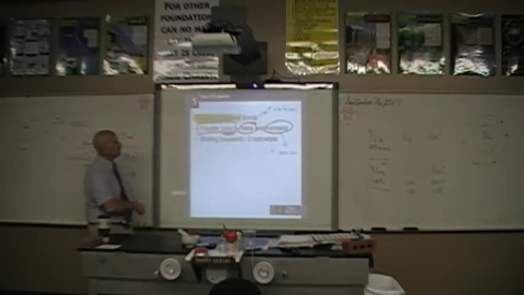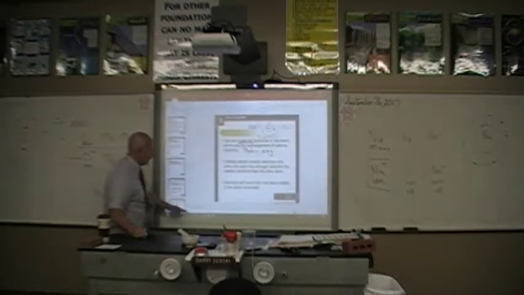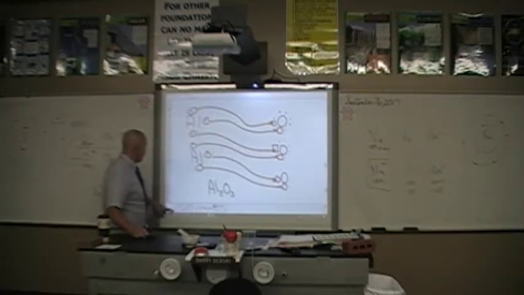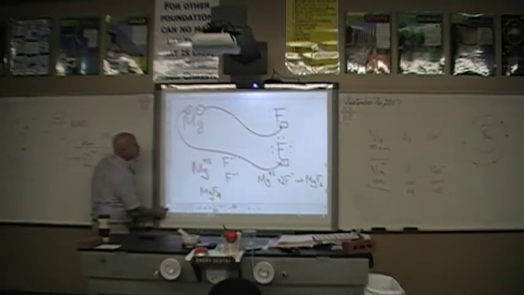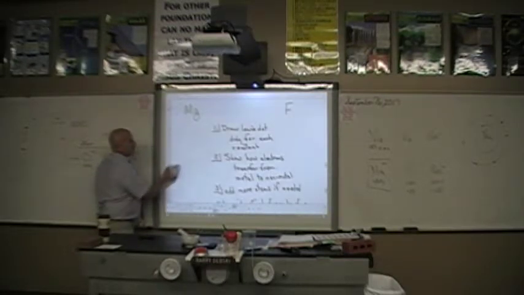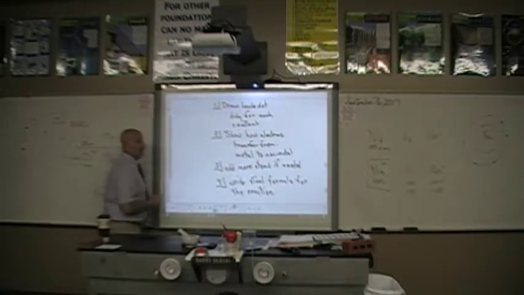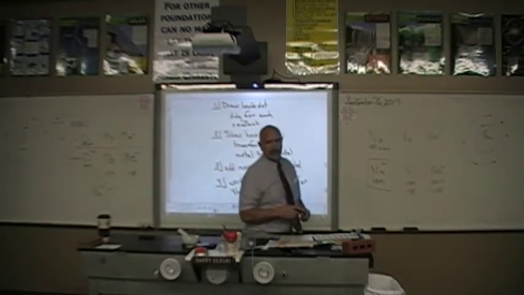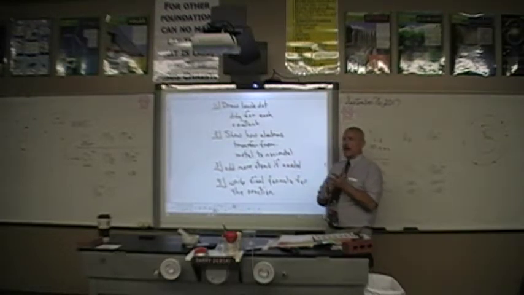I'm going to jump here to another screen on my whiteboard. I want you to write down these 4 rules right here in your notes. This is a procedure I'm going to teach you on how to draw a chemical reaction for an ionic bond.